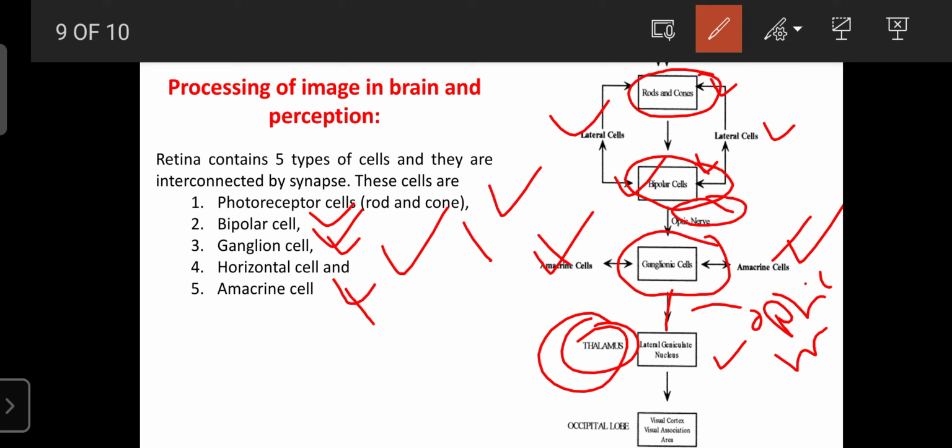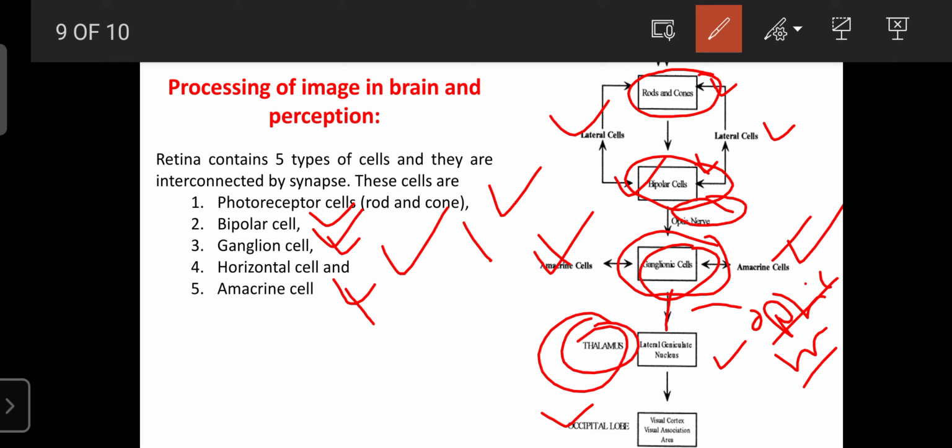It collects the impulses from the ganglionic cells through the optic tract. Then the thalamus projects these impulses to the occipital lobe. The occipital lobe consists of the primary visual area or visual cortex, which recognizes the image.